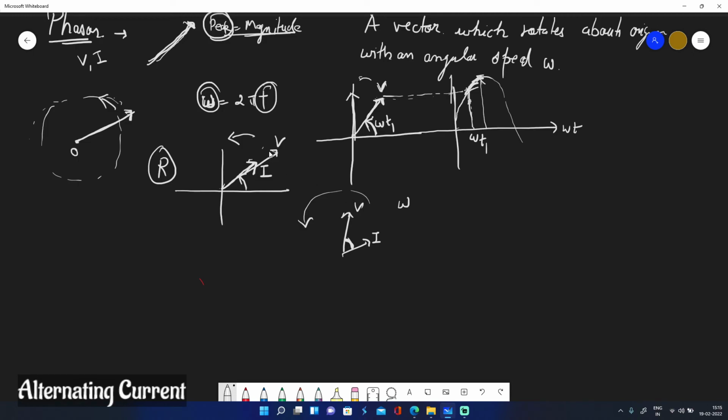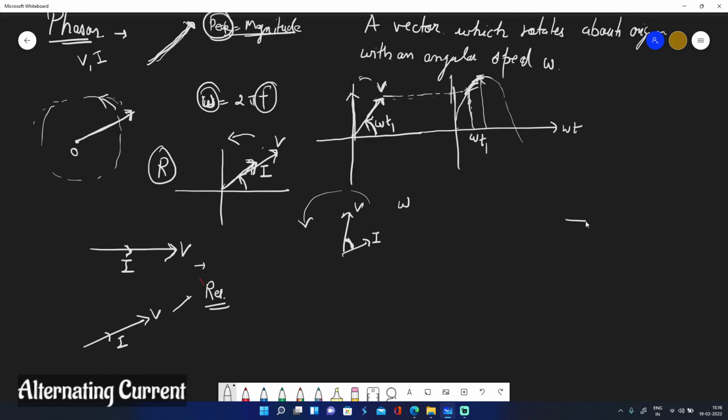So if V and I are coinciding, in future also, in any kind of phasor diagram, it means this is a resistive behavior, because there is no phase difference in a resistive circuit, that we have already seen earlier.